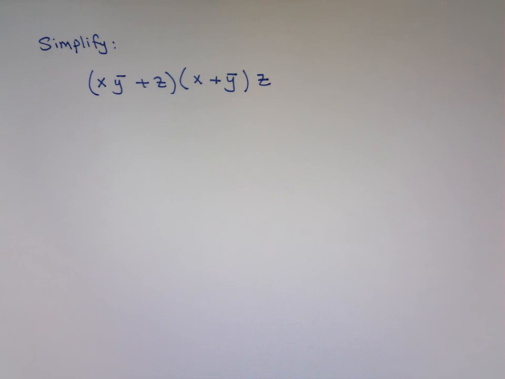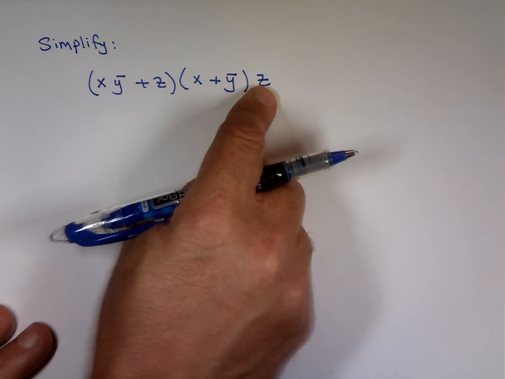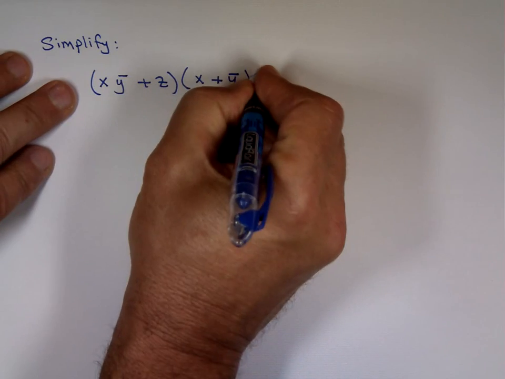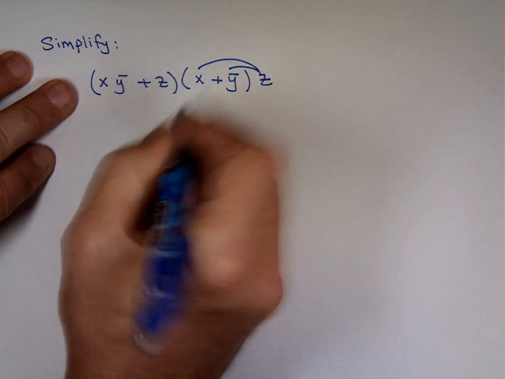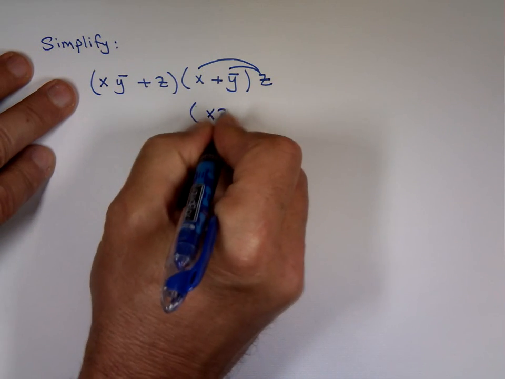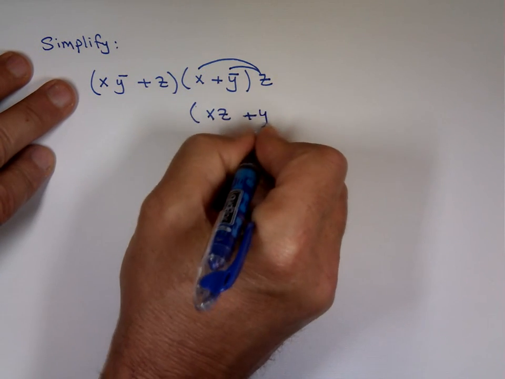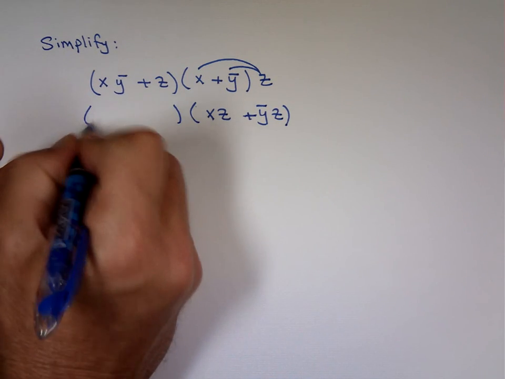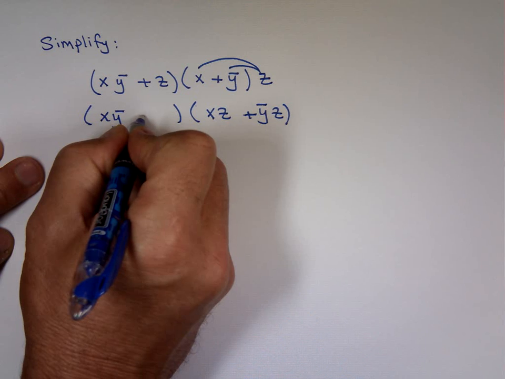Just like in math, it really doesn't matter which one you do first. You want to multiply by z later, or do it first? It's up to you. You want to do it first? So multiply these two by z. Bring that z in. That becomes what? xz plus y bar z. And x y bar plus z.